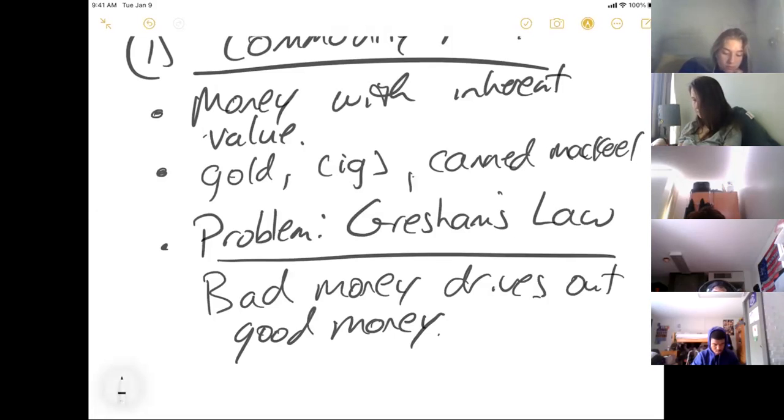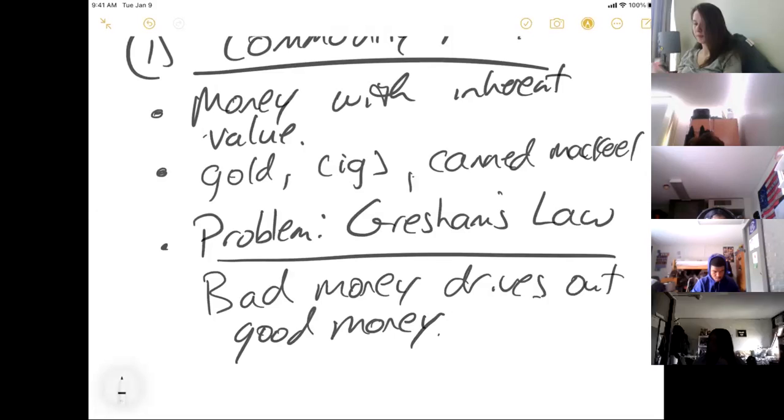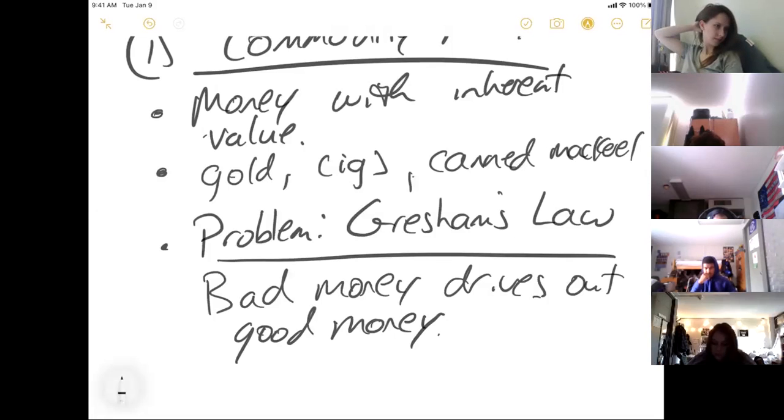Why? Because what would happen when people would get these gold coins in trade? They would take a knife and they'd scrape the edge and take a little bit of shavings off the coin every time that it passed people's hands. And so what happened to coins over time? The more that they traded in society, the smaller and smaller they would get, right? That's Gresham's law.